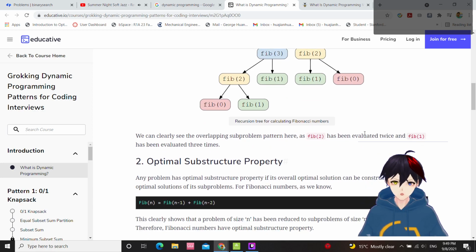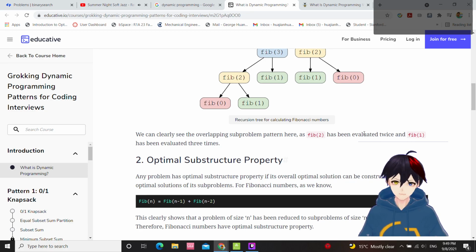Optimal substructure property. The problem has the optimal substructure property if its overall optimal solution can be constructed from the optimal solutions of its subproblems.